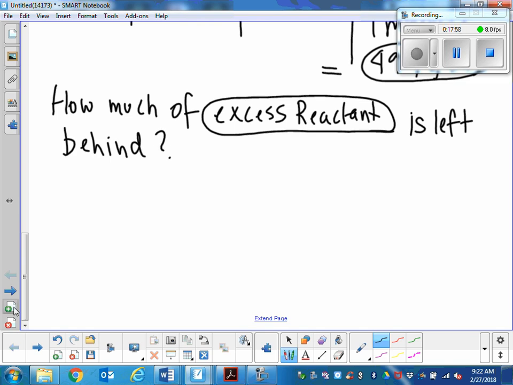What are reactants? Where will we find reactants? Before the arrow or after the arrow? Before the arrow. What are the 2 reactants in this case? The 2 reactants are 10 grams of aluminum and 35 grams of chlorine. Which was our limiting reactant?